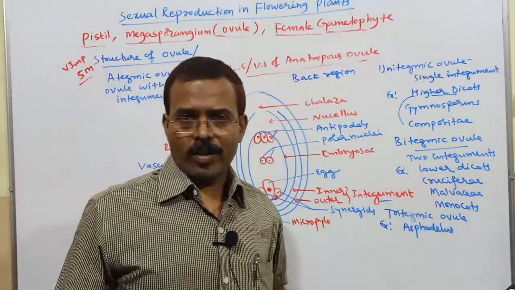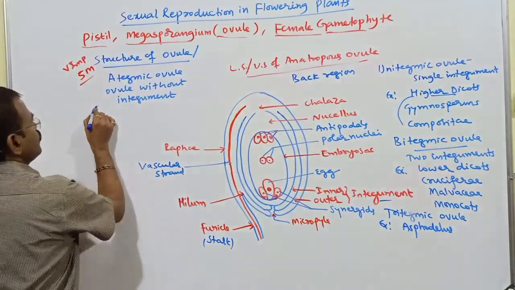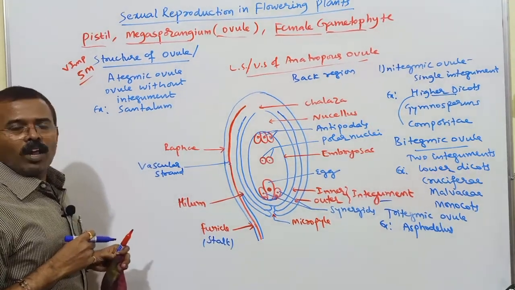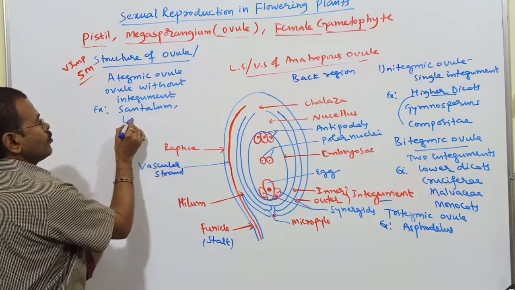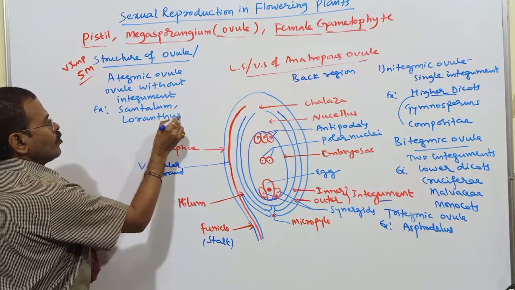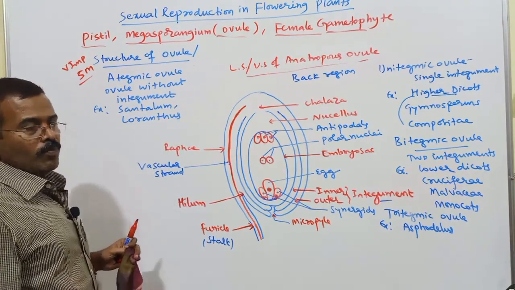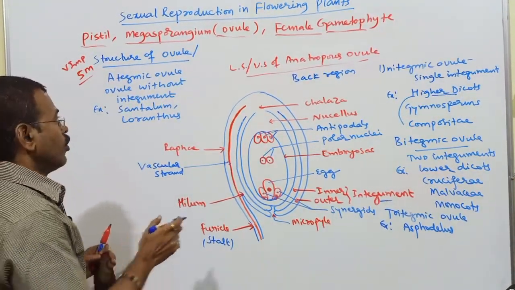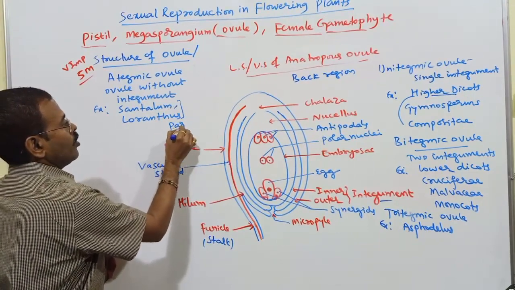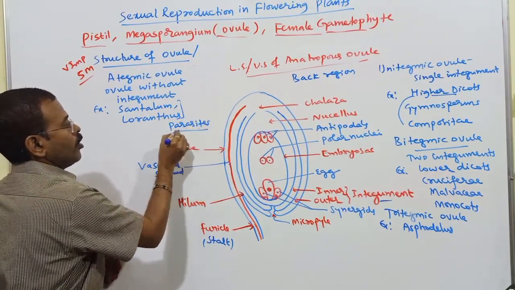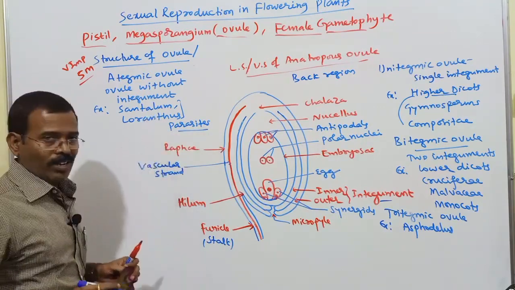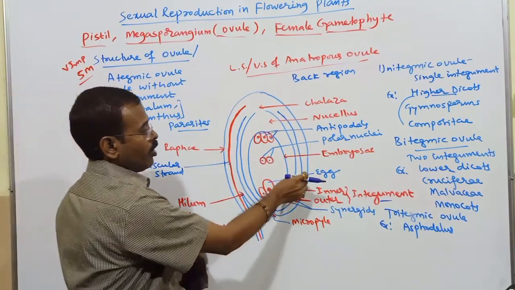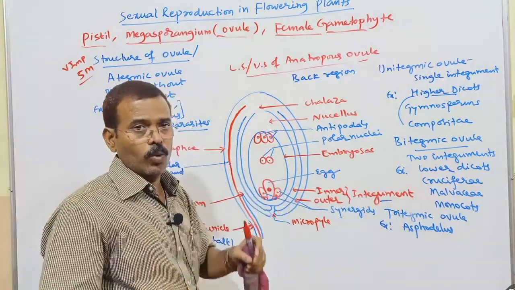Examples: Santalum album, sandalwood, and Loranthus. These are examples of ategmic ovules. The ovule does not have the protective integument. These Santalum album and Loranthus are parasitic plants. So this is regarding the protective covering around the ovule. Remember.